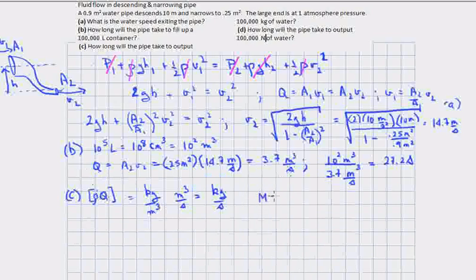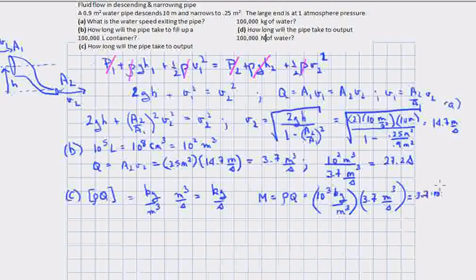So let me identify a new variable here. M is equal to the mass flow rate, which is equal to rho times Q. And that's going to be 10 to the third kilograms per cubic meter, that's the density of water, times 3.7 cubic meters per second. So in other words, that's 3.7 times 10 to the third kilograms per second.